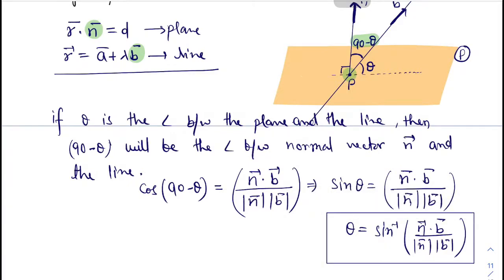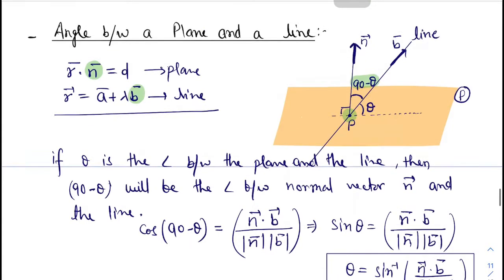So always remember, whenever it is asked to determine the angle between a plane and a line, you will have to determine the angle between the line and the normal vector of the plane. So if theta is the angle between line and plane, then 90 minus theta will be the angle between the normal vector and the line.